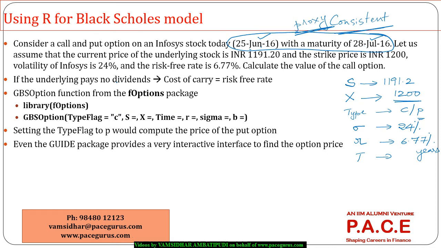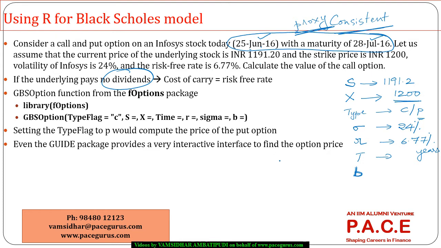And along with that, if there are no dividends, we also need to mention something called cost of carry, which is the cost that makes you indifferent between today versus 28th July 16.